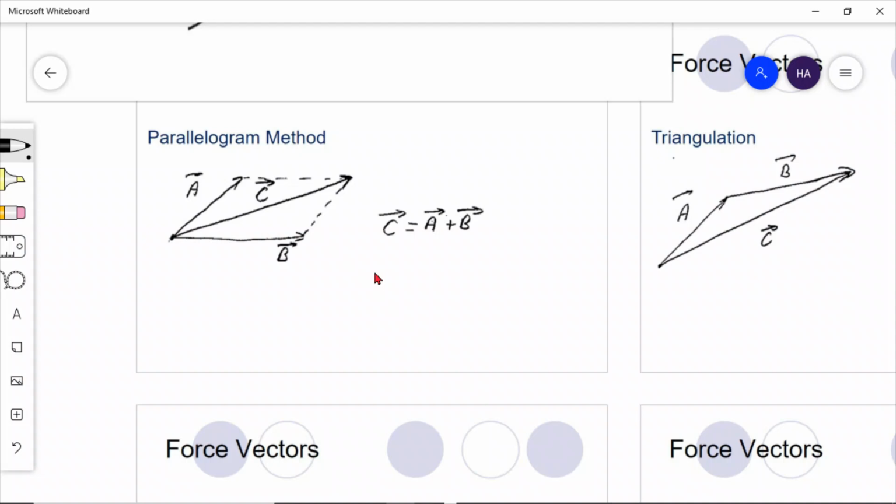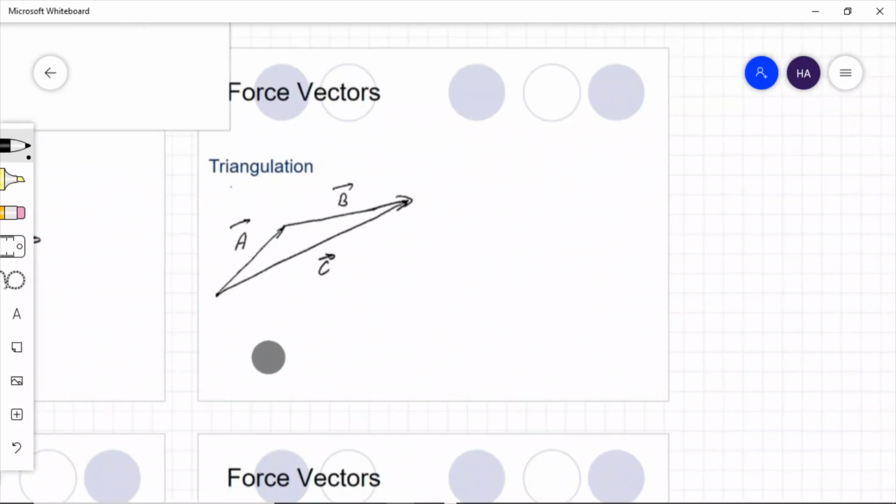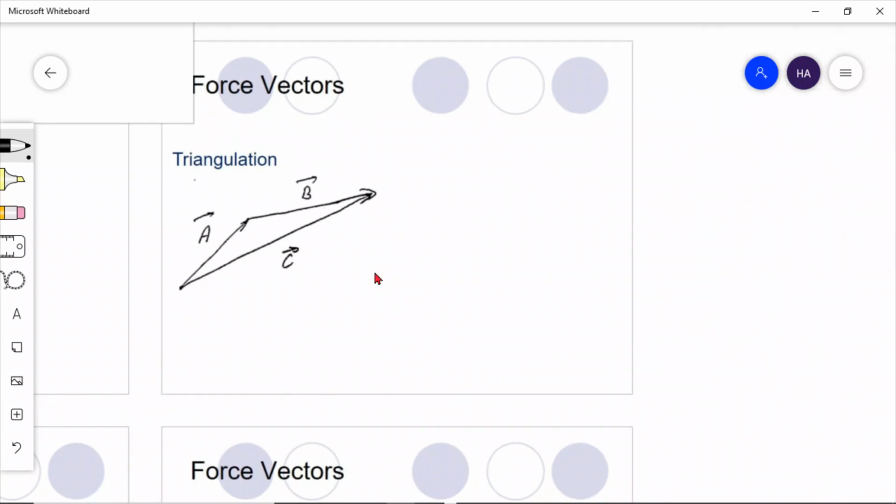What is the other technique? Again, the other technique is triangulation. Now triangulation works like this. First, we draw the first vector, A. And then beginning from its endpoint, we draw the second vector, B. So what we do is, beginning from the beginning point of the first vector to the end point of the second vector, we draw a line and put an arrow on the end point of the line.